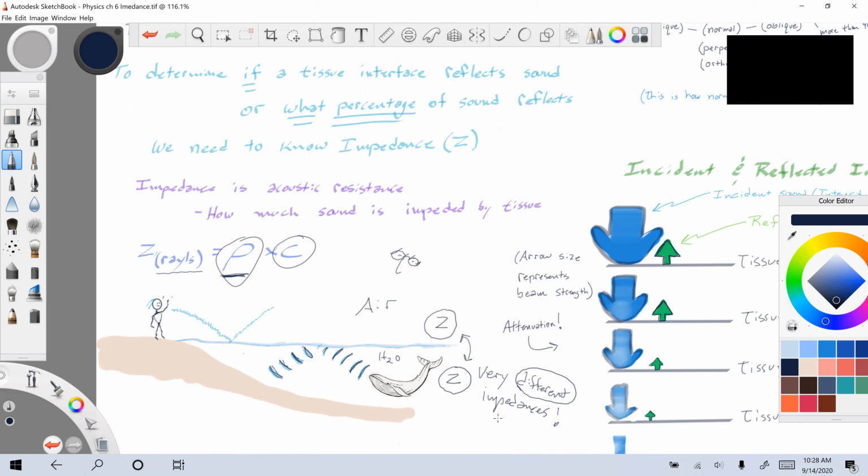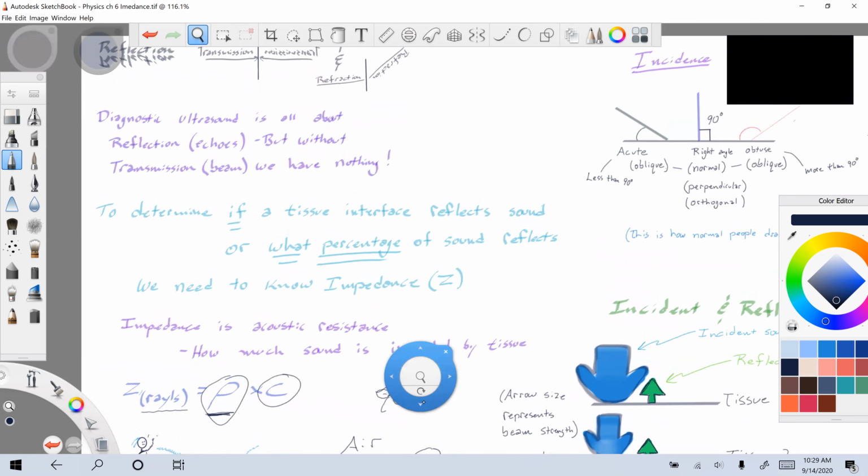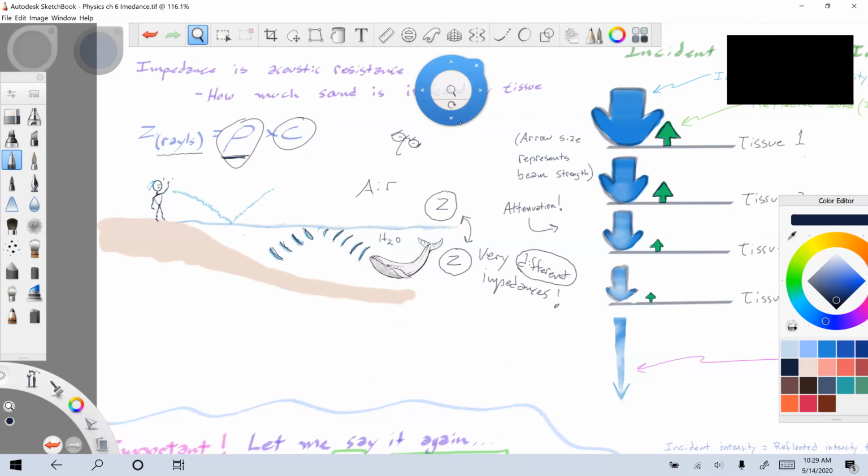Your eyeballs expect a certain impedance mismatch between the air and your eyes, and so when you wear goggles, it maintains that normal impedance mismatch. There's also another factor, probably more important when wearing goggles, and that is refraction. Refraction is going to be very important when you wear goggles. All right, let's move on here.